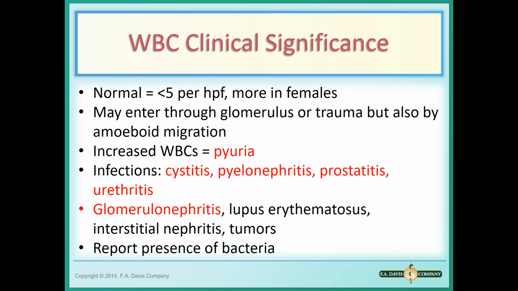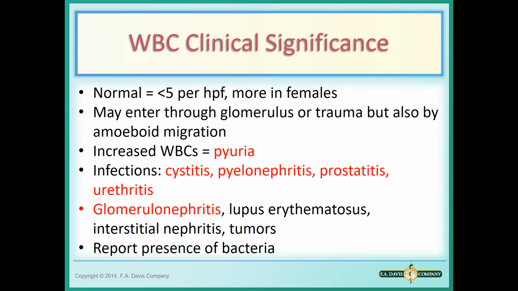Sometimes you can see more in women. Normally, we don't excrete white blood cells in any great numbers, but remember, white cells can enter through the glomerulus or through trauma. But they also have a process, frankly, they call it amoeboid migration.